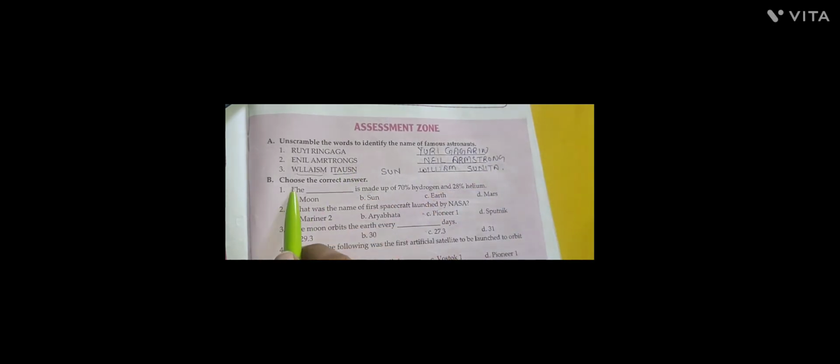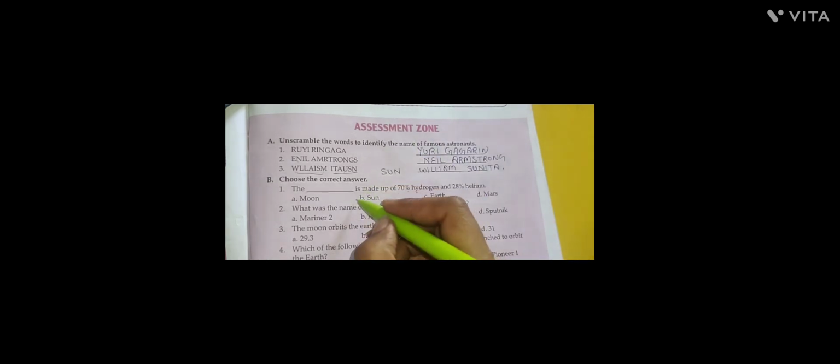Next, choose the correct answers. The blank is made up of 70% hydrogen and 28% helium. I told you the sun is made up of 70% hydrogen, 28% helium and 2% other gases. Second, what was the name of the first spacecraft launched by NASA? Pioneer 1 is the first spacecraft launched by NASA. The moon orbits the earth every 27.3, it means about 28 days.